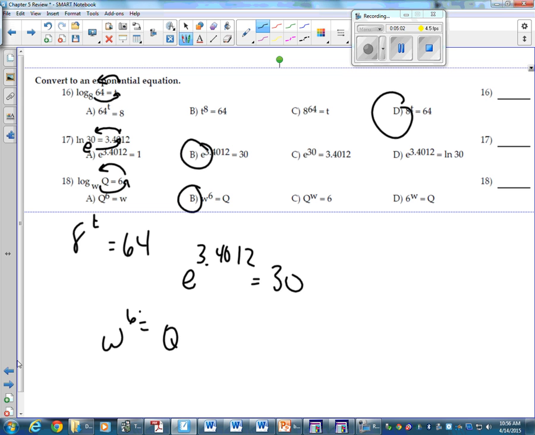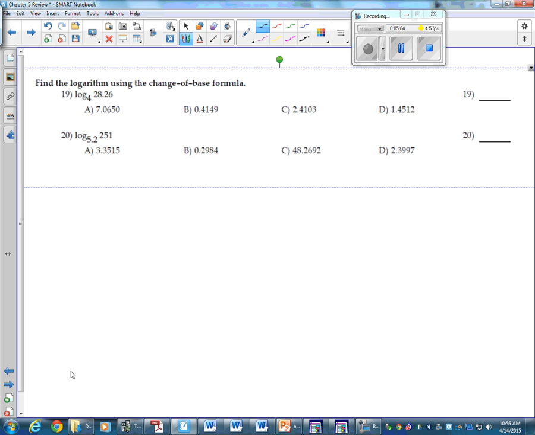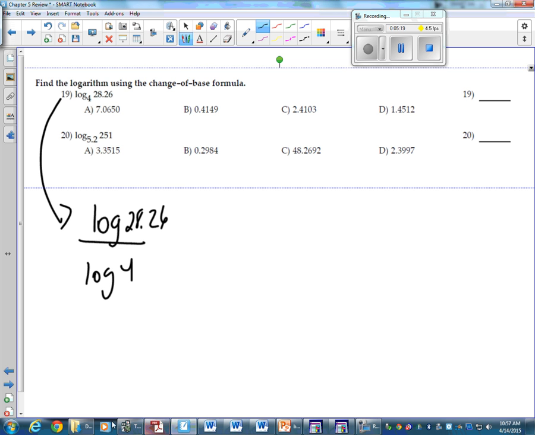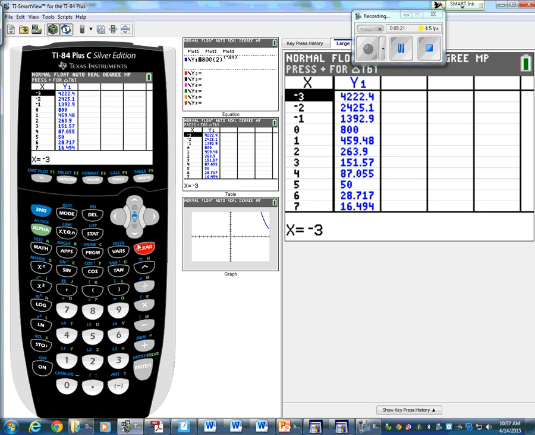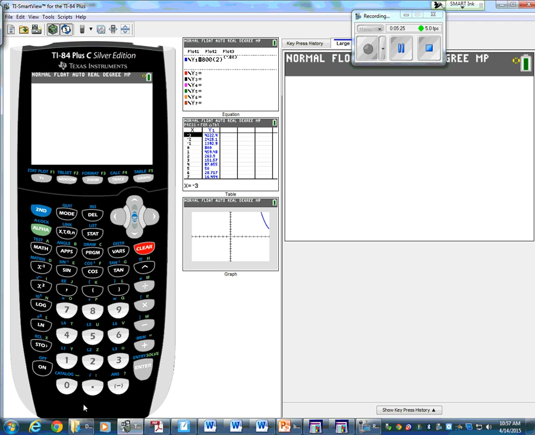A couple more here. 19 and 20, find the logarithm using change of base formula. So log base 4 of 28.26, if I use change of base, that'd be the log of 28.26 divided by the log of 4. So on my calculator, I would do the log of 28.26.